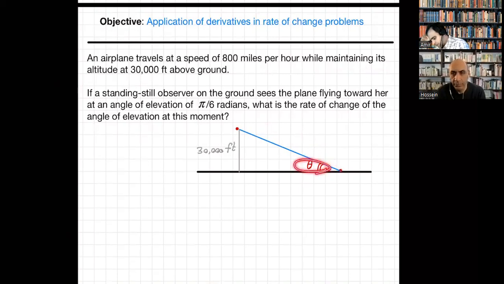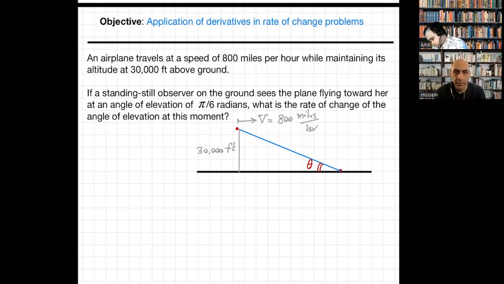So this value is changing as the plane moves in this direction. Theta is increasing. And also the velocity of the airplane here is 800 miles per hour.